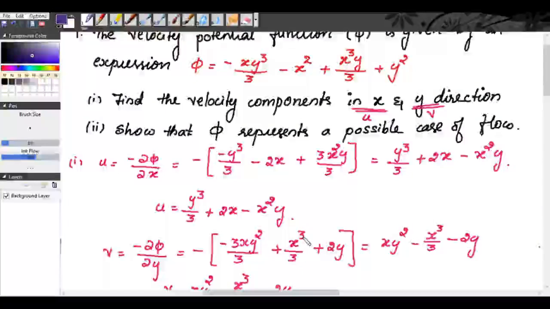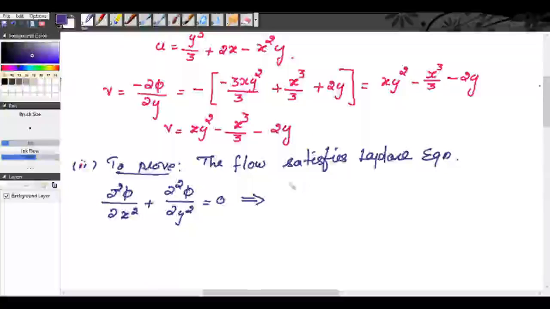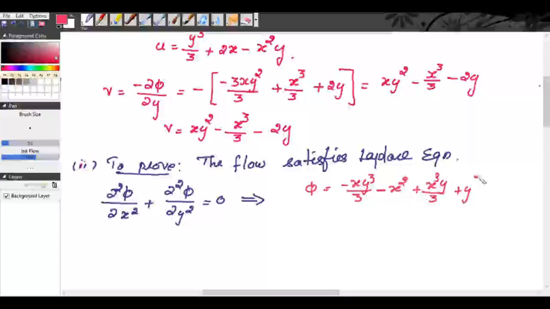Okay, first of all we will write what is φ. φ is equal to minus xy³/3 minus x² plus x³y/3 plus y².